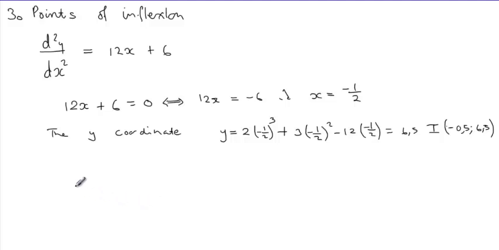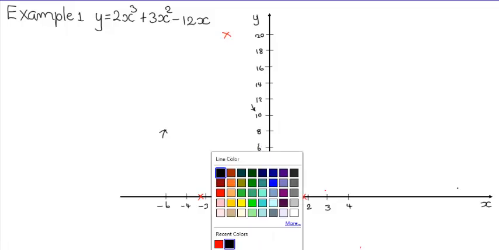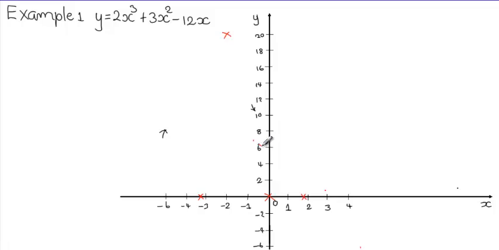So then we go to our graph. We plot minus half and 6,5. Minus half is somewhere in the middle here. 6,5, this is 7, halfway between 7 and what?